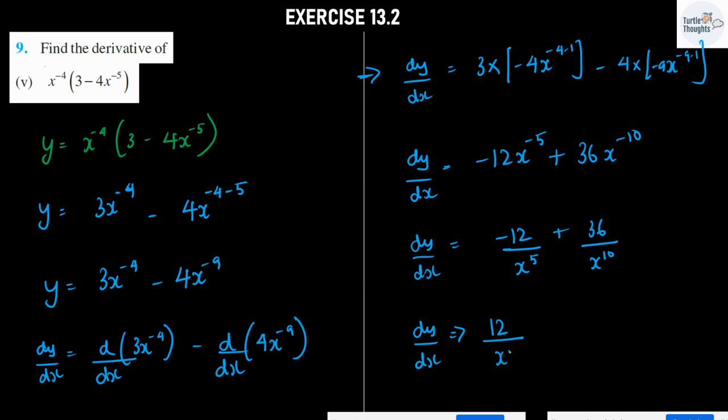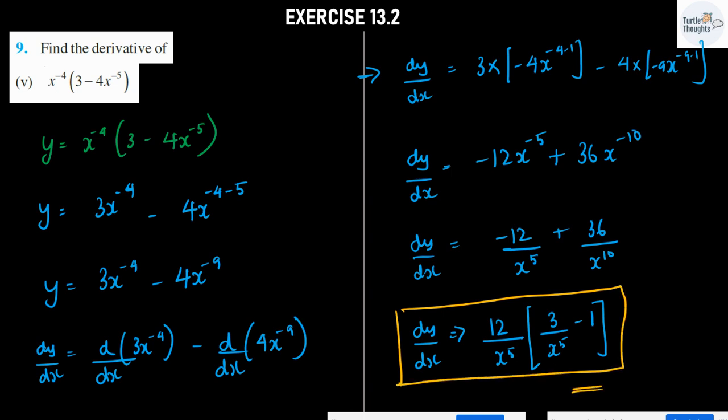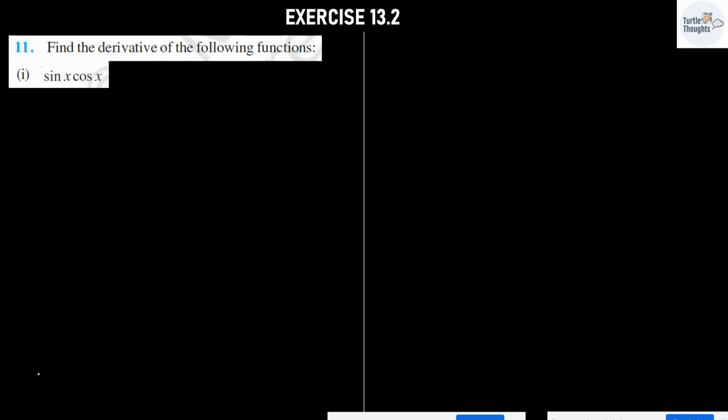This can be written as 3 divided by x raised to the power 5, and when you multiply, you will be getting x raised to the power 10 minus 1. This is going to be your final answer for question number 5.